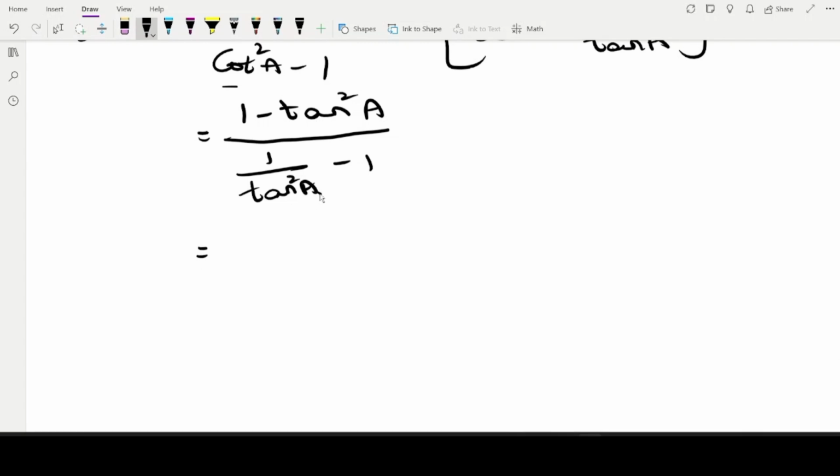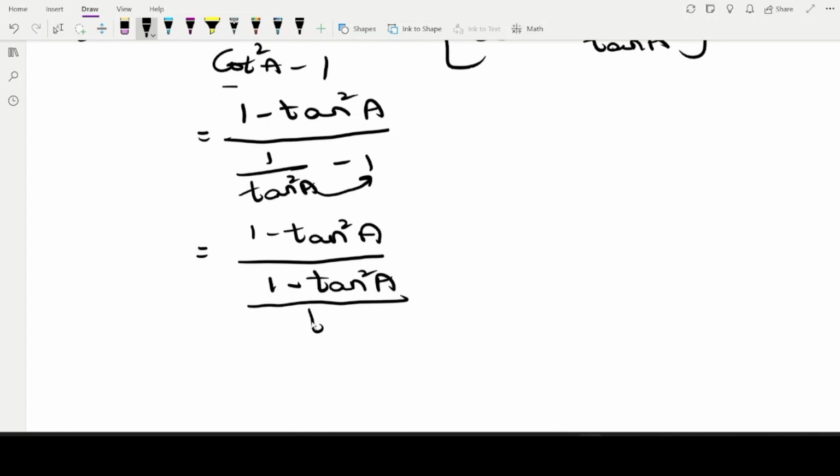Here you can see we multiply tan square A into 1. So 1 minus tan square A divided by (1 minus tan square A) by tan square A. So both 1 minus tan square A cancel.